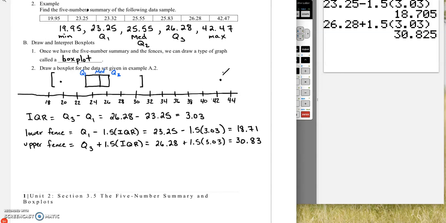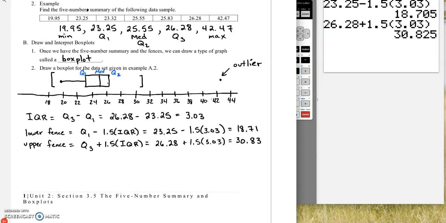So our largest data value is also an outlier because it is further right on our graph than the upper fence. Our smallest data value we connect with a whisker because it is inside the lower fence.